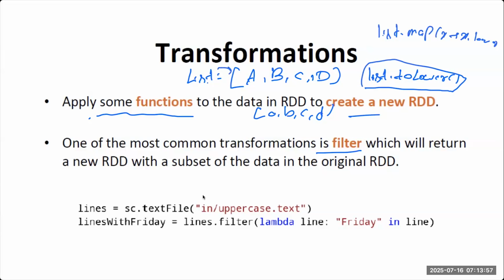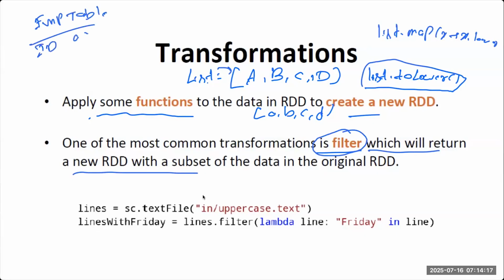One of the most common transformations is filter. Whenever you filter any data, it will return a new RDD. Let's suppose I have an employee table with ID and age: 1, 3, 15, 30, something like that. Let's suppose I want to filter where age is greater than 20.